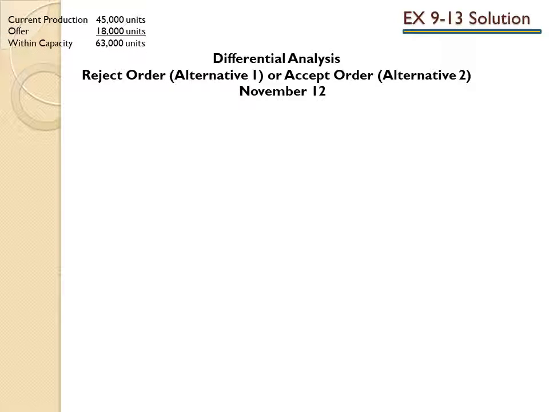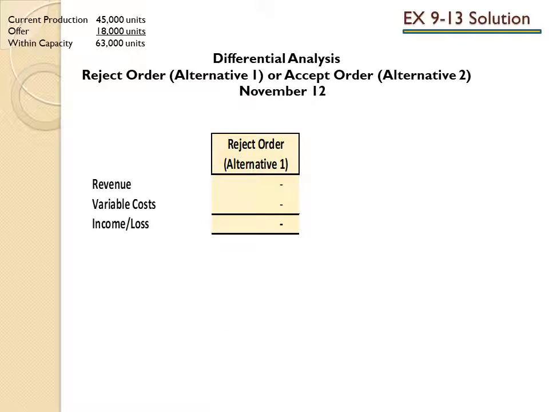Current production is 45,000 units and the offer is 18,000 units, so that would be a total of 63,000 units, which is still within plant capacity of 65,000 units. So let's proceed with the analysis.